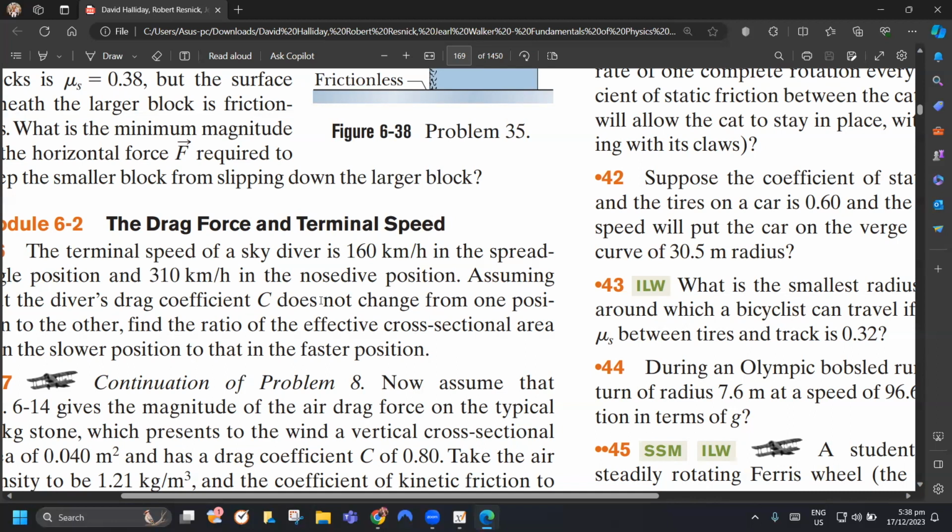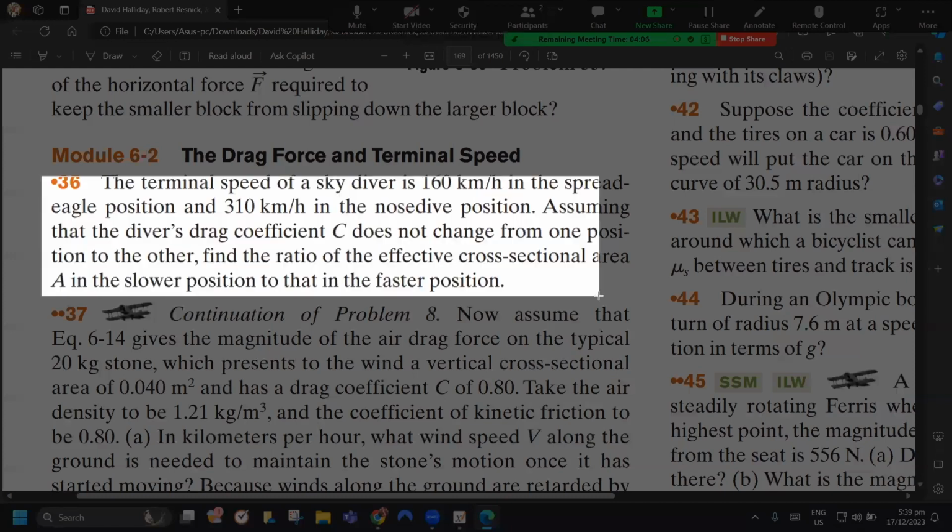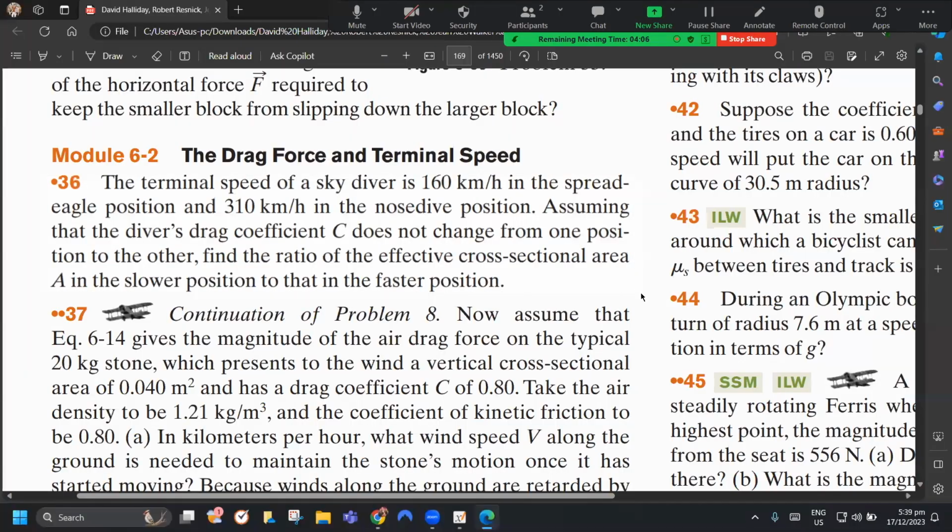First, let's work out from first principles what the terminal speed is. For terminal speed, the acceleration is equal to 0.